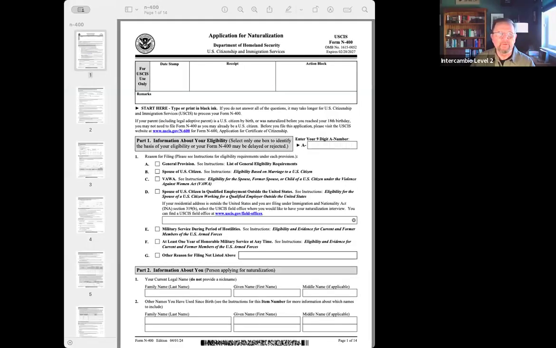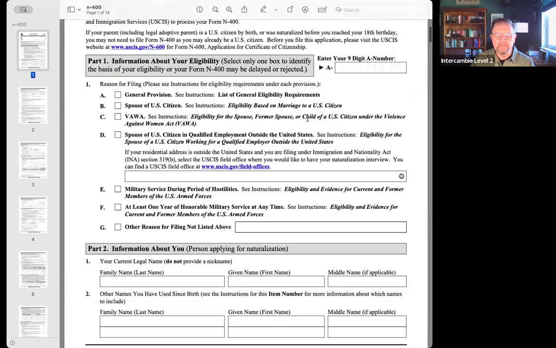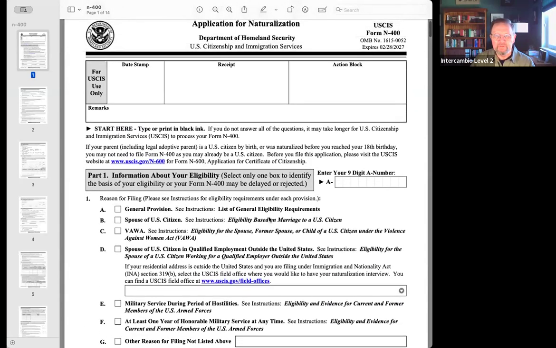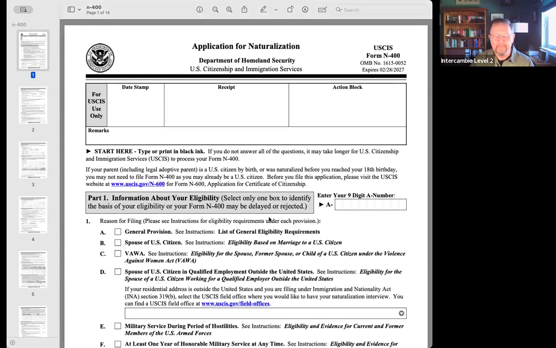All right. So the N-400 form, let me make this a little bit larger so you can see it. If you look down here, N-400 edition 04/01/24, and the fact that it has 14 pages, that tells you you're working with the newest form.